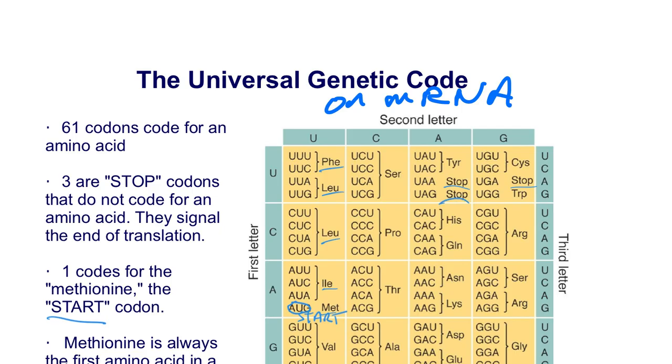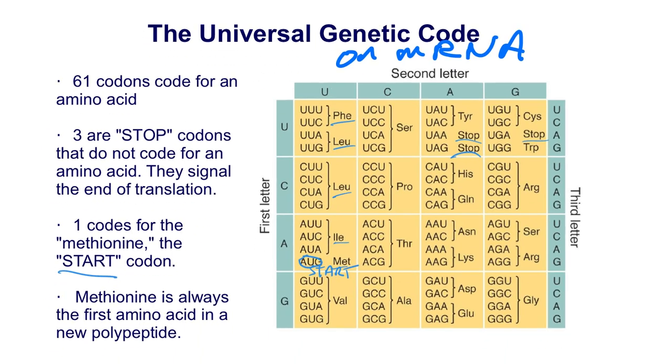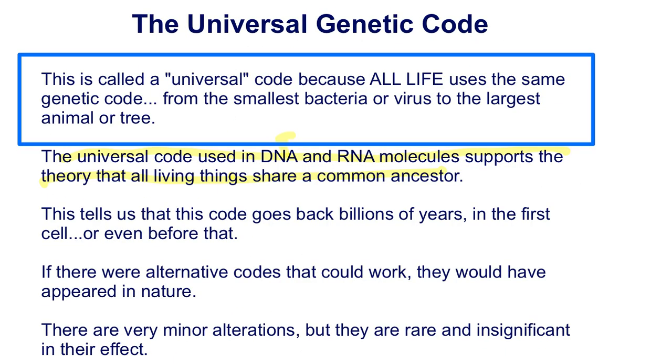Okay, we see the stop ones. Besides those 4, the rest code for amino acids, one of the 20 amino acids. Okay, they're saying it's universal. This code is used by every life form. They also put viruses, but viruses cheat. They're not living. They just use the equipment in the cell, the host cell that they've invaded.